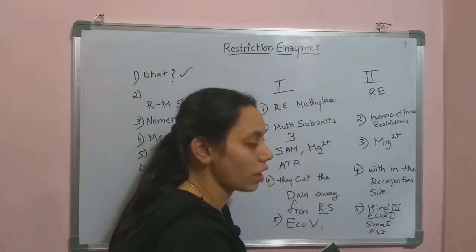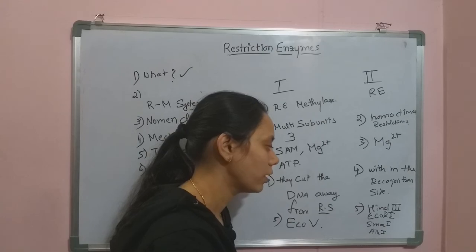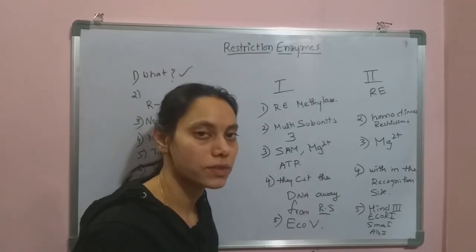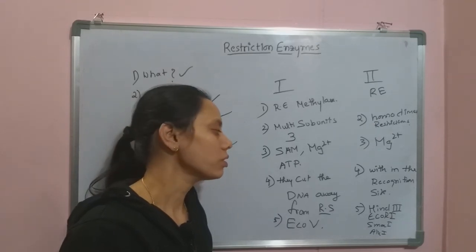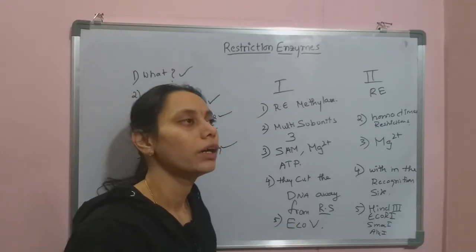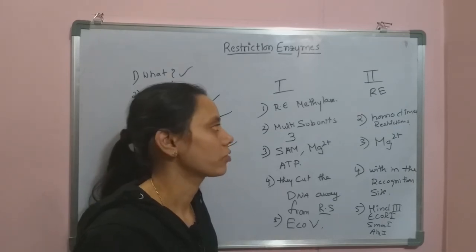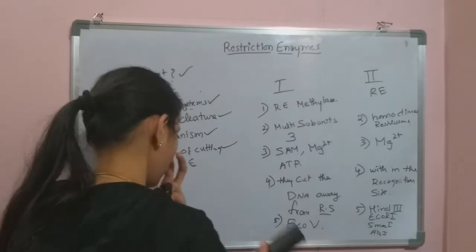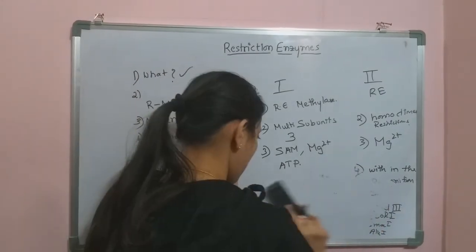These type 2 restriction enzymes have wide applications in molecular biology experiments. Most of the enzymes we find in the laboratory are type 2 restriction enzymes. So that is what the types of restriction enzymes are.